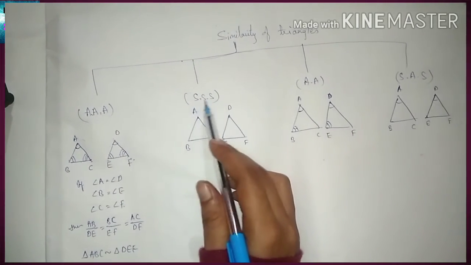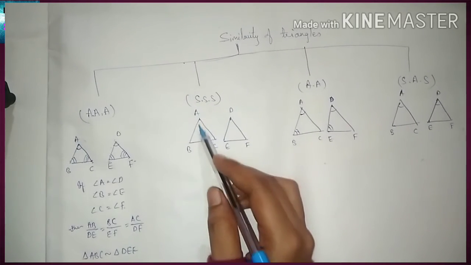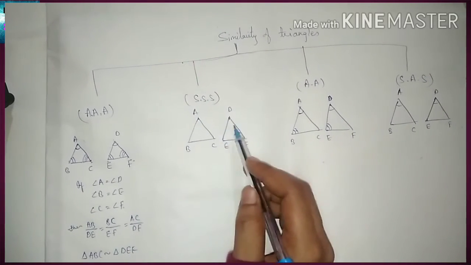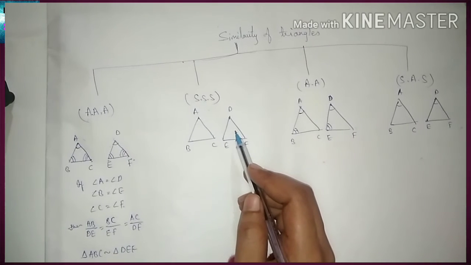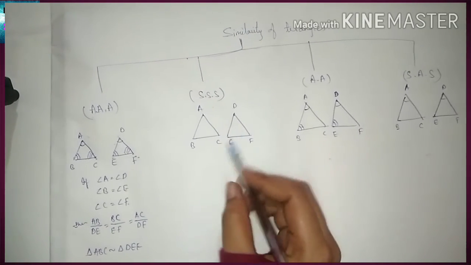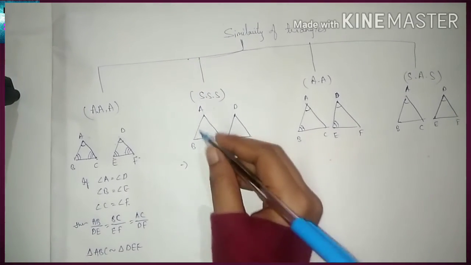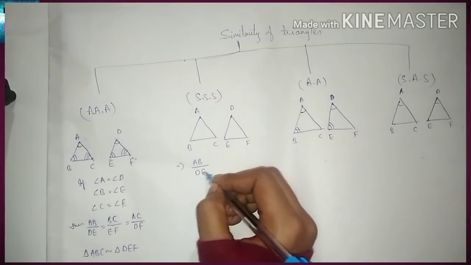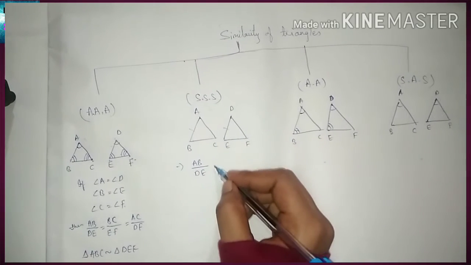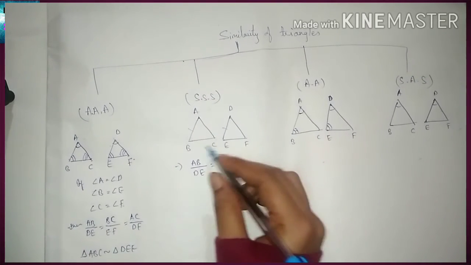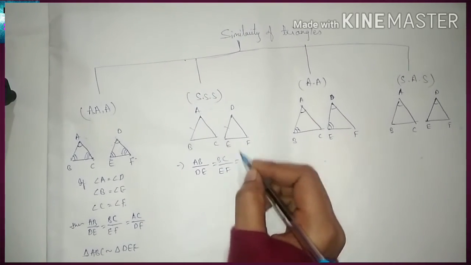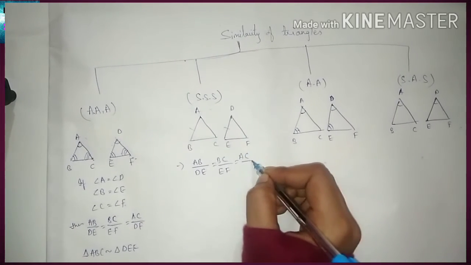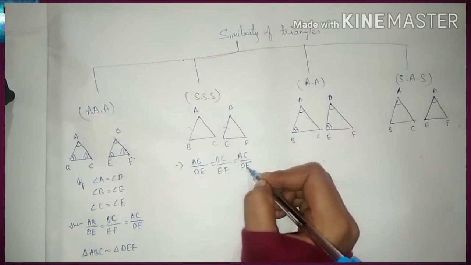Okay, here we are taking side, side, side. That means if the sides of the first triangle are proportional to the sides of the second one, AB by DE, first side, then BC by EF is equal to AC by DF, it is given.